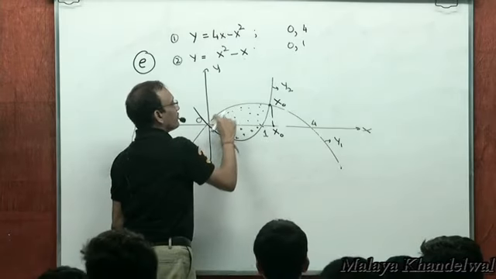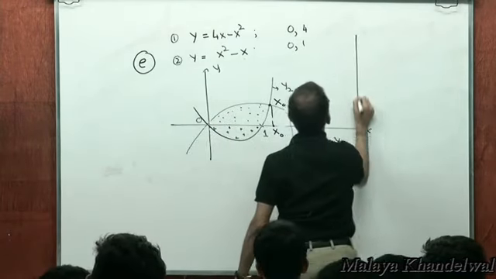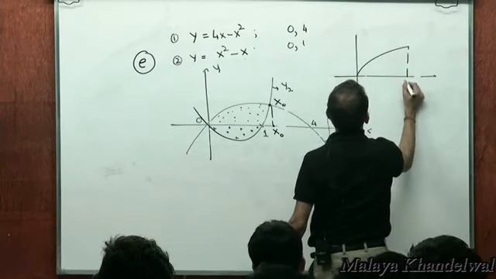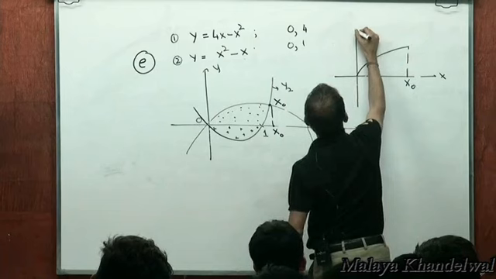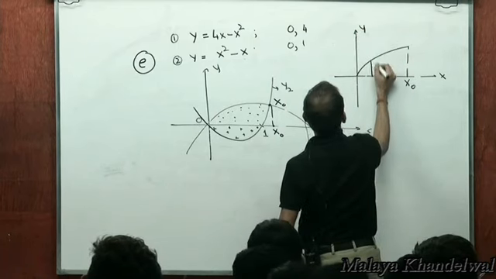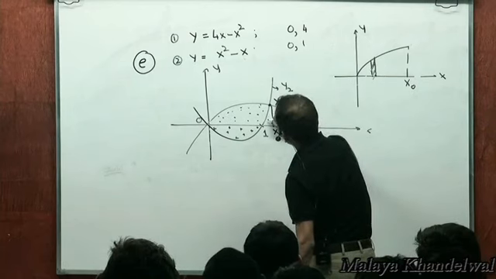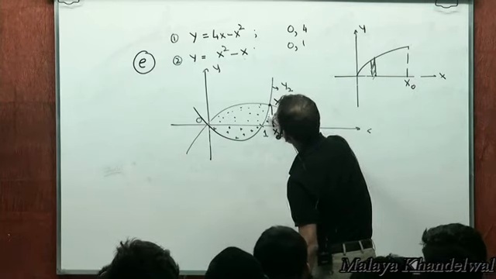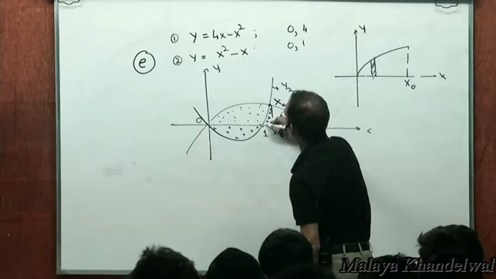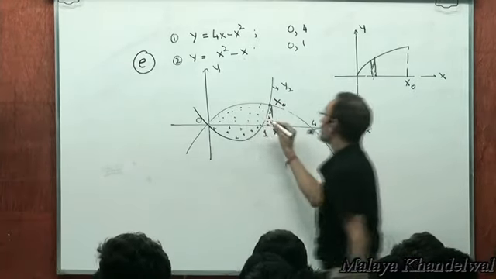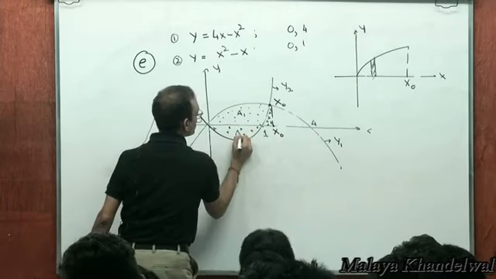So I take these strips from 0 to x naught. I get this, and then this would be the additional area that I get. This would be an additional area which I will have to subtract to get the area above. The area above is A1, the area below is A2.